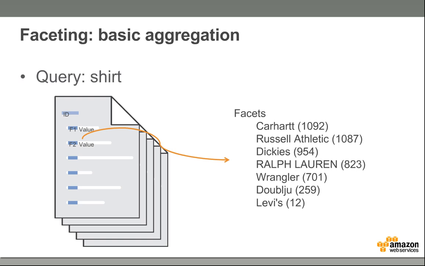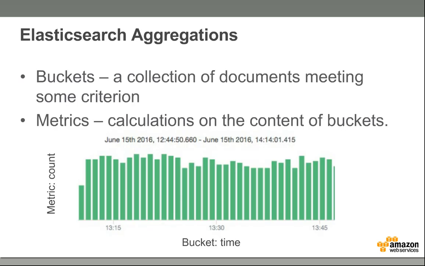This is the basis of what has grown, and continues to grow, into aggregations in Elasticsearch. In Elasticsearch, we generalize the concept of a facet and say we have buckets, which are some collection of documents meeting some criterion, and then a set of metrics that we can calculate on those buckets. In this case, we have a simple aggregation where our bucket is time.